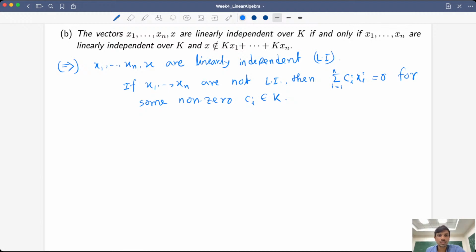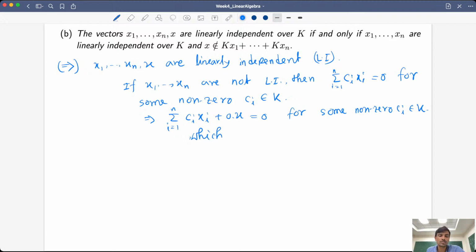But if this is the case, I can add this x to this relation simply by taking the coefficient of x to be 0. So I can write the sum of Ci xi plus 0 times x equal to 0 for i equal to 1 to n. This is true for some non-zero Ci belonging to K, which is a contradiction because by our choice x1, x2, ..., xn, x is linearly independent.